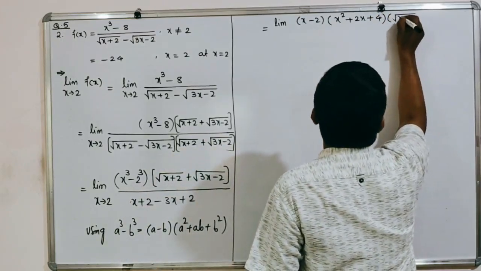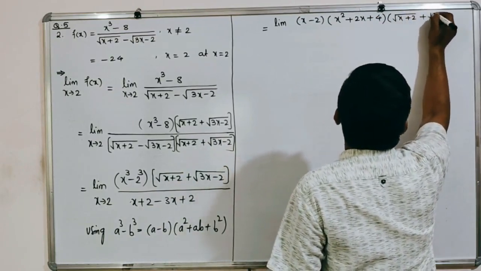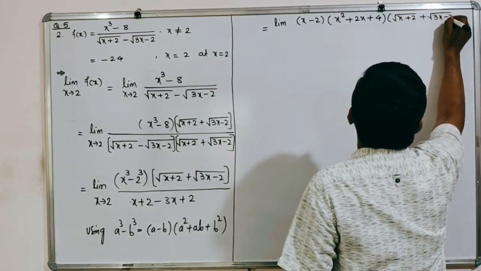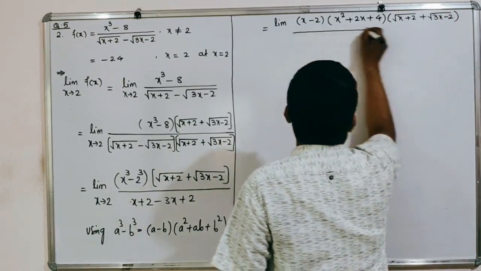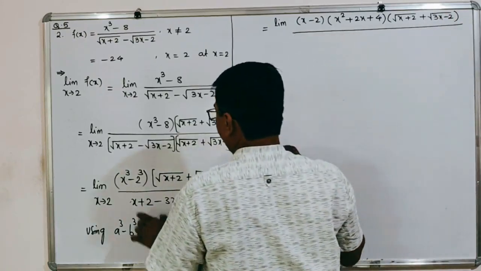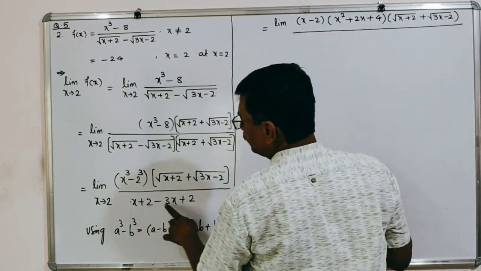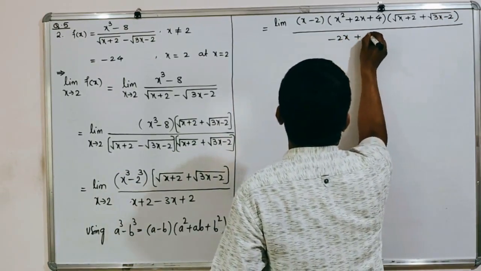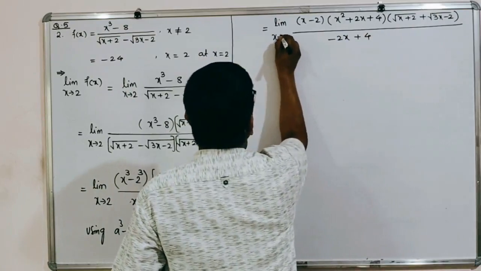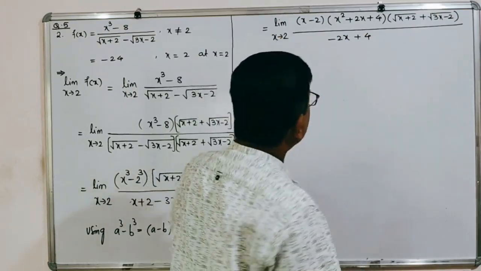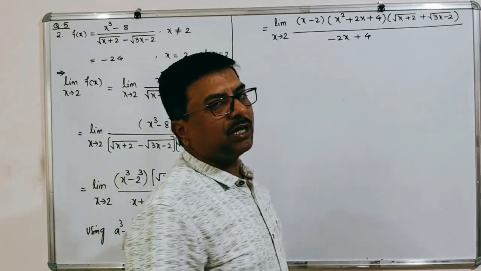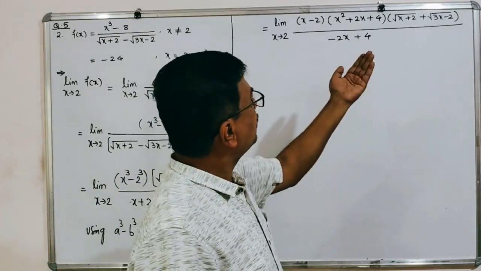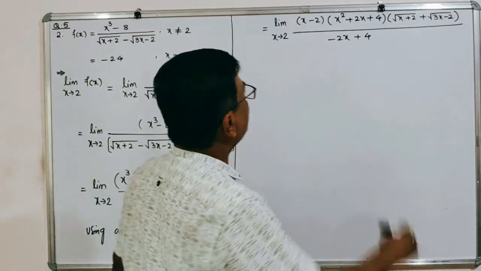Root of x plus 2 plus root of 3x minus 2, divided by this term becomes x minus 3x, means minus 2x plus 4, as x tends to 2. Now look at this. Here the term is minus 2x plus 4, from which minus 2 can be taken common.